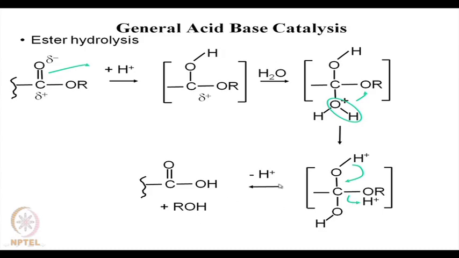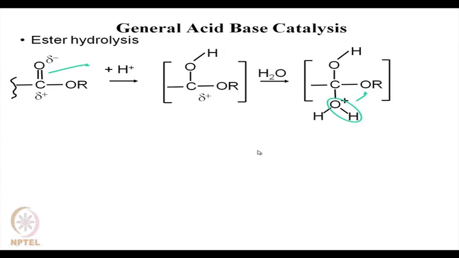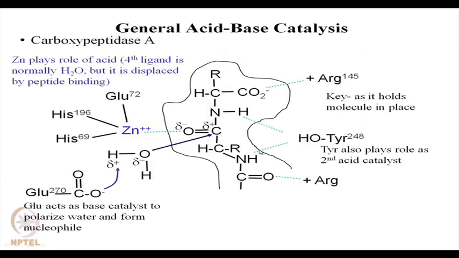So, minus H plus, followed by your product. You see that H plus as well as water, these two are taking part. So, it is a case of general acid base catalysis. Water as well as H plus is involved. So, it is not a specific acid base catalyst, it is a general acid base catalyst, like carboxypeptidase.